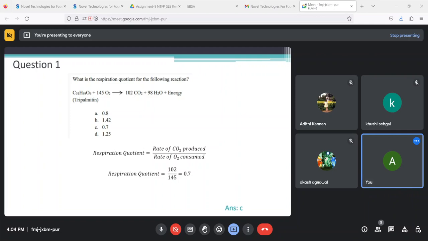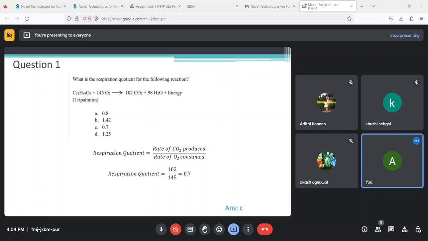So can a respiration quotient go above 1? Yeah. So when you're dealing with organic acids as your substrate, instead of the C51 fatty acid, yes, the respiration quotient can go above 1.